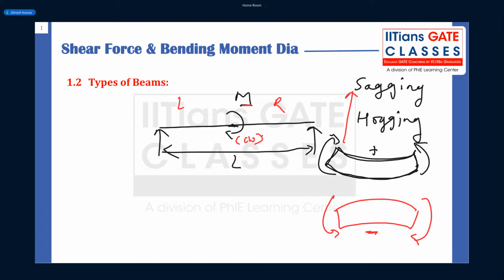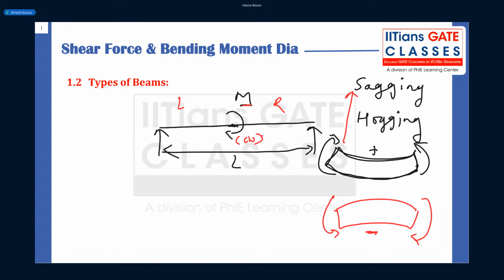Anybody can tell? Lohit, so on the left side, what will you have? Sagging?